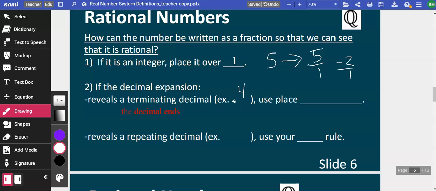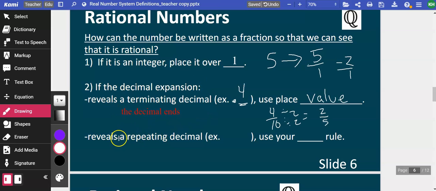And to change 0.4 to a fraction, we would use place value. So 0.4, the place here is the tenths place. So we would write this as a fraction by writing 4/10, and then we can reduce it by dividing the numerator and denominator by 2, and we would end up with 2/5. So that's how you would write 0.4 as a fraction.